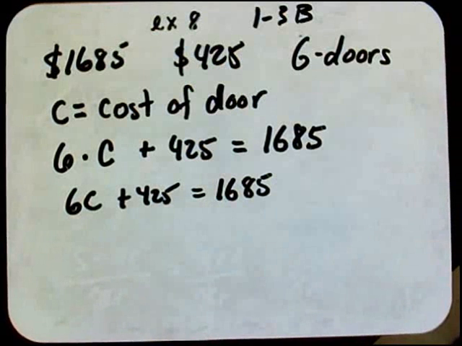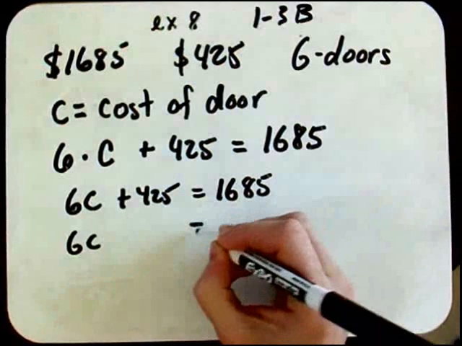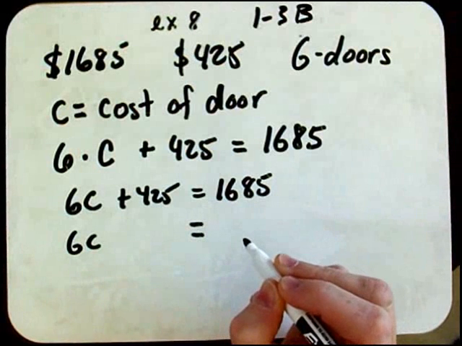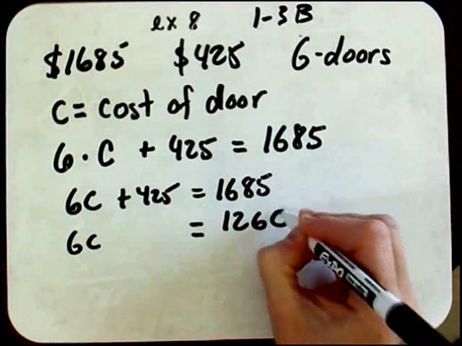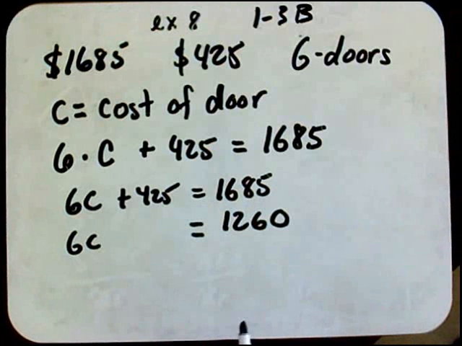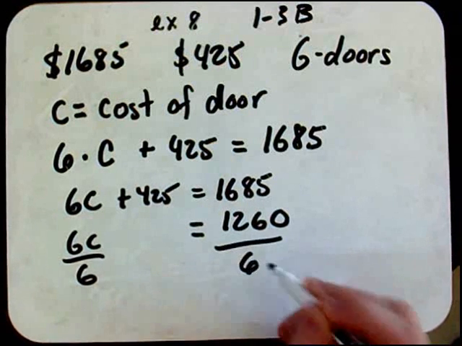Now we need to solve for C. First thing we need to do is subtract 425 from both sides. 6C equals 1685 minus 425, which is 1260. 6C equals 1260. Divide each side by 6 to get C by itself.